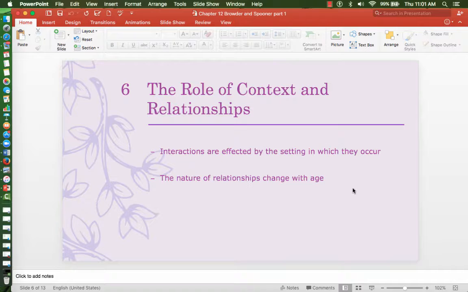now we also have to remember that relationships are going to change with age. So maturity matters. And so that's another area where our students with special needs tend to get left behind by their peers, because what we know about special needs is that students with mild disabilities tend to be 1 to 3 years behind their peers in maturity.